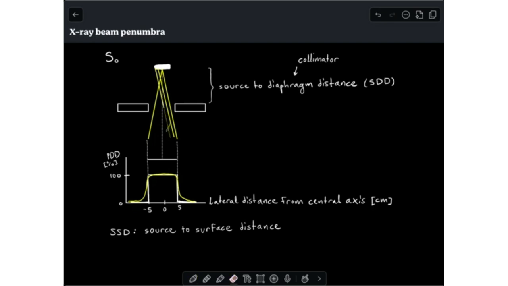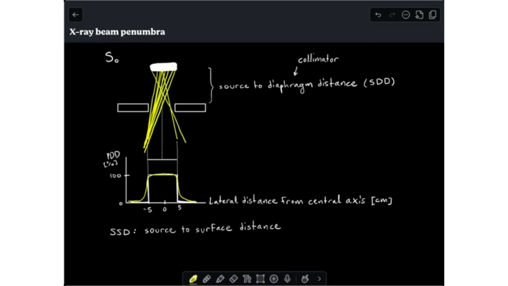So what are some other parameters that affect the shape of that penumbra? Well, one is the geometric size and shape of the source. If you have more elementary point sources distributed in the lateral direction, the ones closer to the edges of that source will be able to irradiate farther out past the edges of the field.